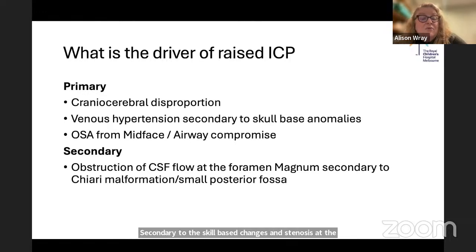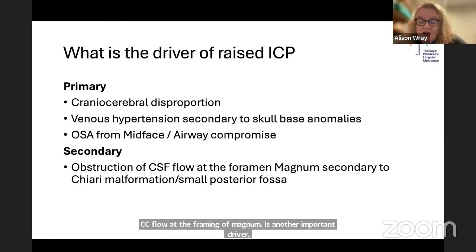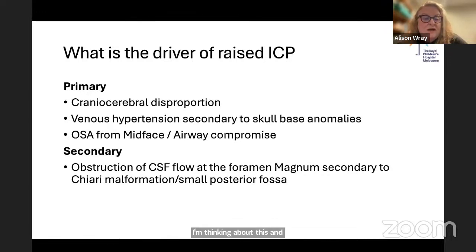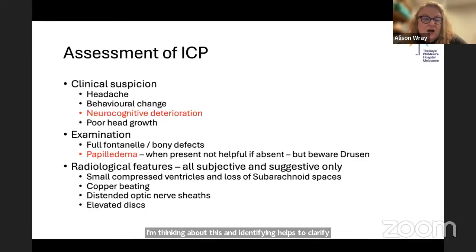Is it in fact that we haven't been doing very well with their airway and they've got significant OSA, and we need to think about their airway or CPAP or something to improve that side of the equation? And then, of course, hydrocephalus and obstruction of CSF flow at the foramen magnum is another important driver. And thinking about this and identifying helps to clarify the ways in which we might address this for each child.